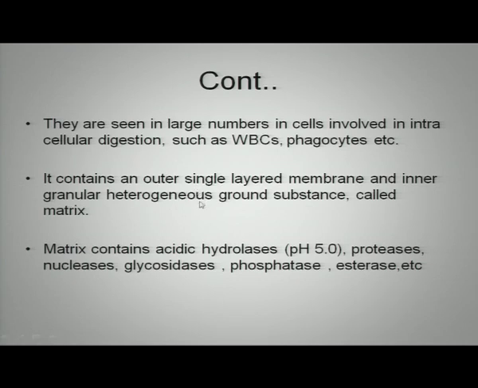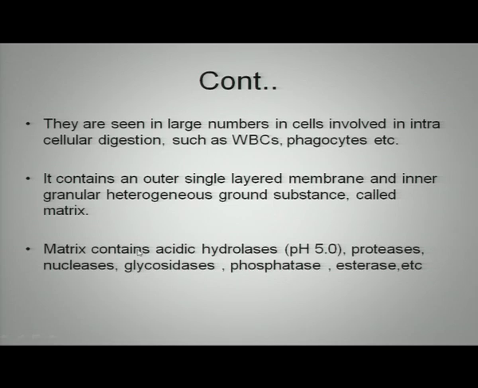It contains a fluid ground substance inside it, which is granular in nature and heterogeneous. And this granular heterogeneous ground substance present inside the lysosome is known as matrix.